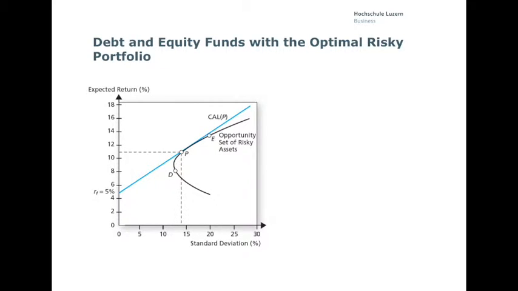Debt and equity funds with the optimal risky portfolio. From the previous slide, we realized that portfolio B has a higher Sharpe ratio than portfolio A. But why stop at portfolio B?